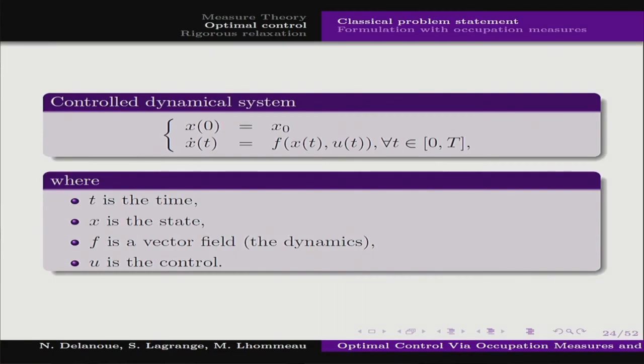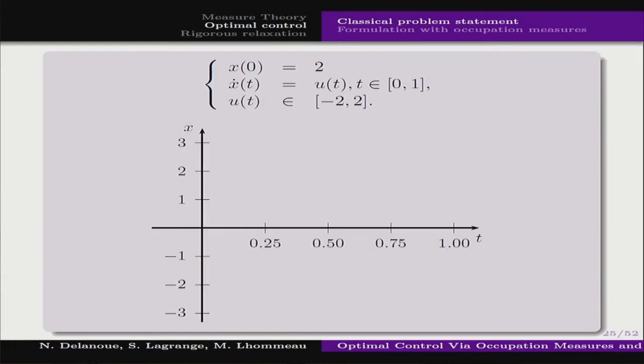So let's go into optimal control theory. A controlled dynamical system has already been defined before. This is the definition I use. For example, in this case, I have the initial condition, which is 2. I also have the vector field, which is equal to the control. And I also have constraints on the controls, which say that the velocity is bounded by -2 and 2.